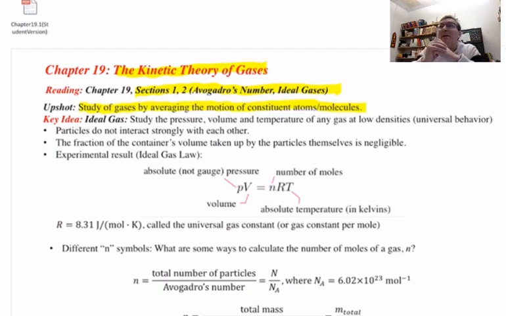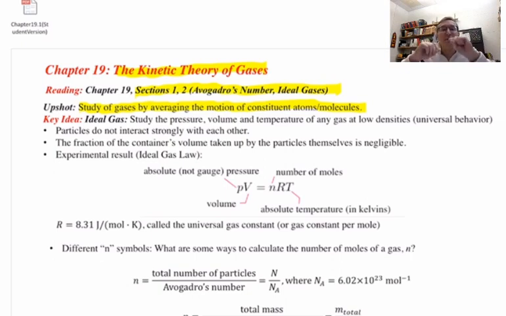Just to be clear, obviously the common gases at room temperature and atmospheric pressure that we're used to having around us are the various gases that make up the air we breathe. That's mostly nitrogen and oxygen. But there's also some carbon dioxide, some water vapor, right? Those are all diatomic or polyatomic molecules, right?